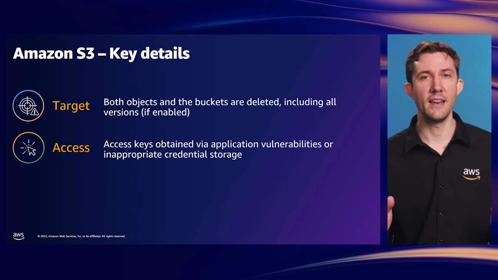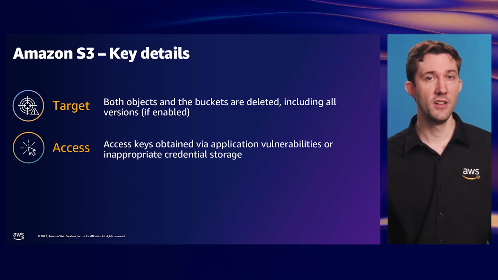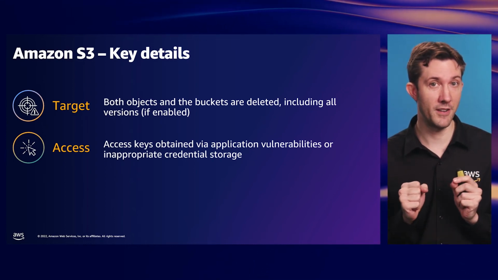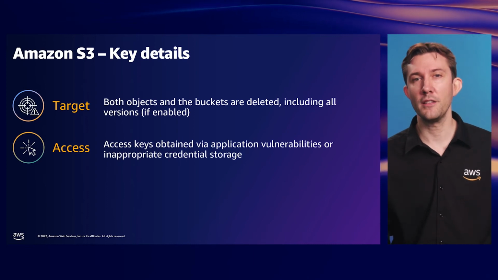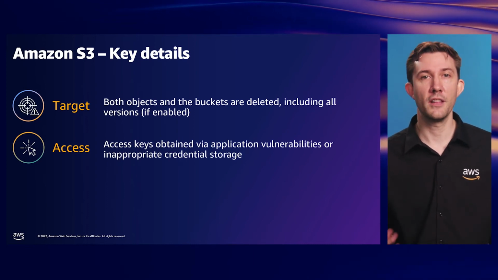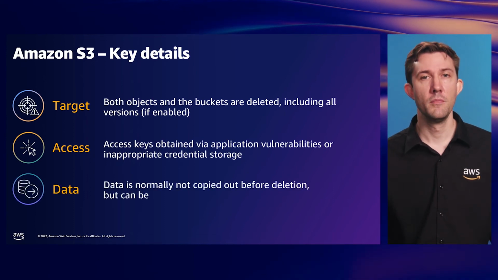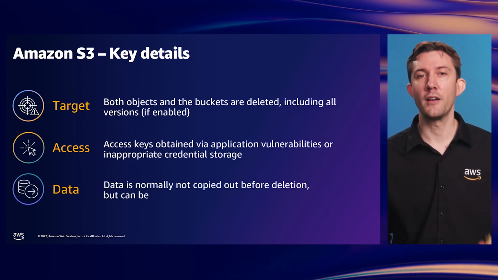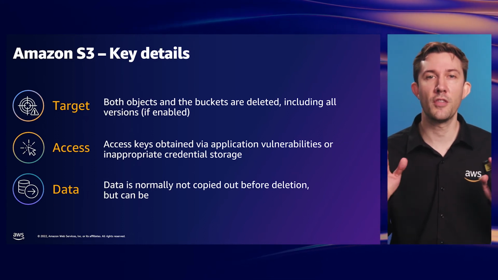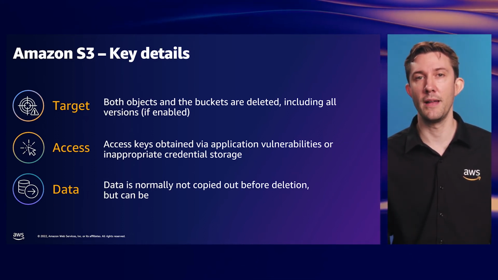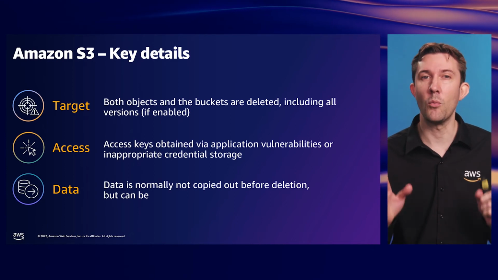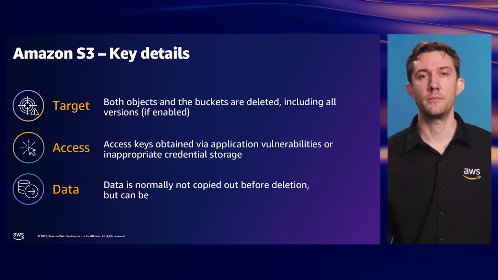These were normally obtained either through inappropriate storage, think public source code repositories, or from incorrectly secured web applications that allowed the attacker to obtain the credentials. Thirdly, more often than not, no data was actually taken. It was the threat of data loss that was used for the ransom. However, once again, that wasn't always the case.